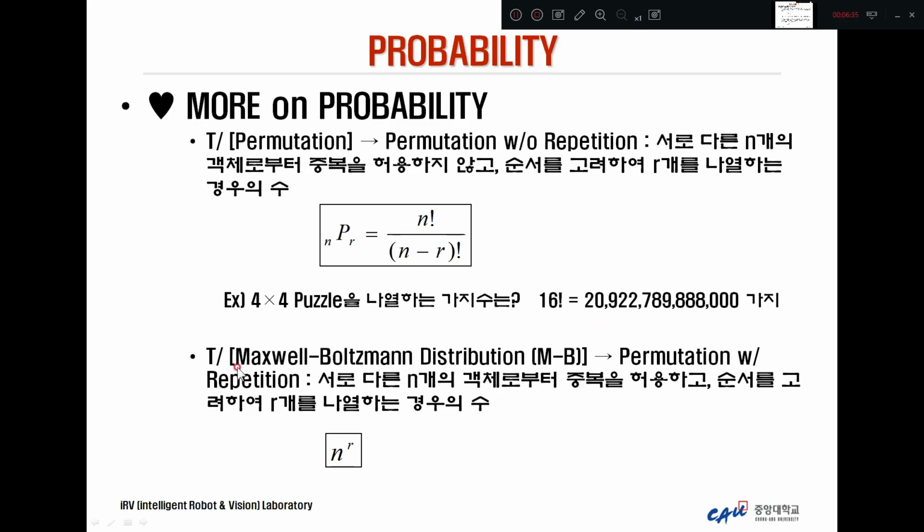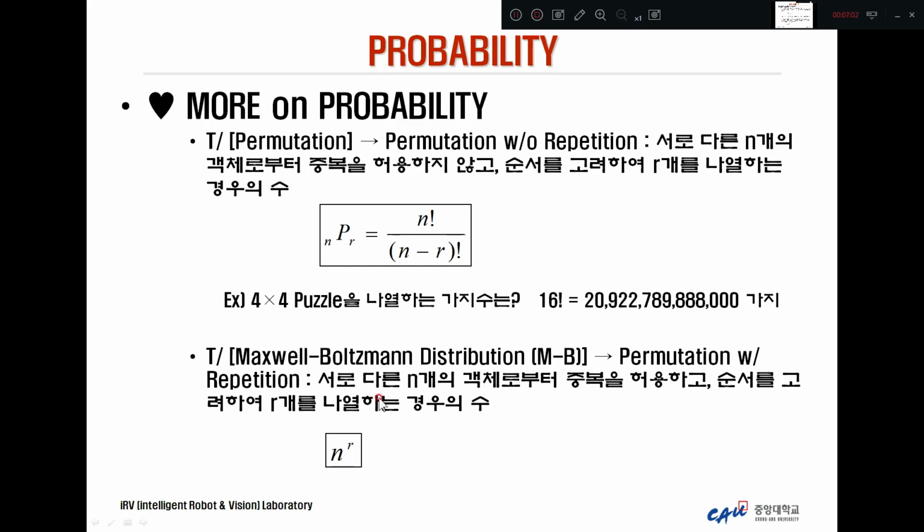Okay, we have another theorem. Theorem, Maxwell-Boltzmann distribution. I will use MB distribution. This is some kind of permutation with repetition. Repetition is allowed. You can put those objects back into the box, and you can draw once again.